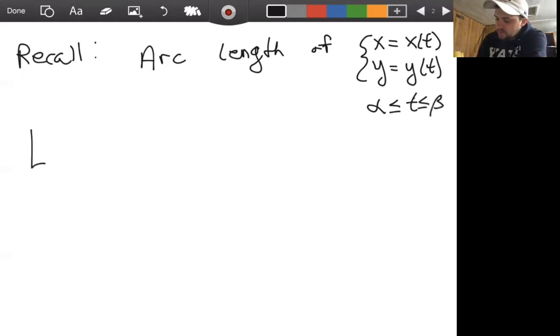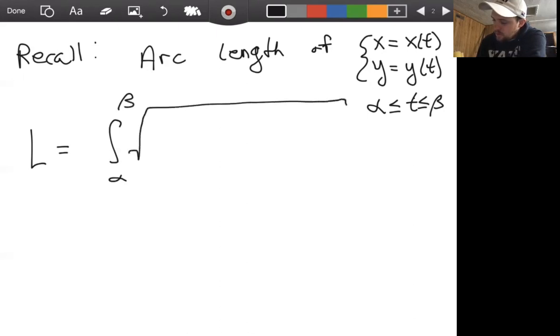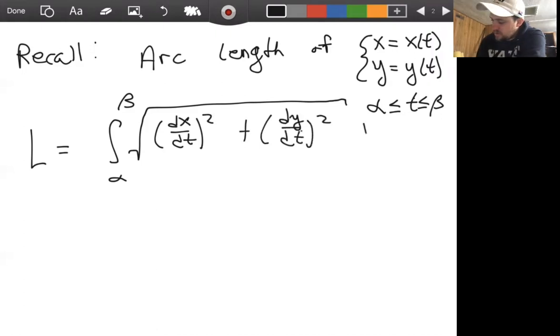We'll call it L for our length. It is the integral from alpha to beta of the square root of dx dt squared plus dy dt squared dt, right?